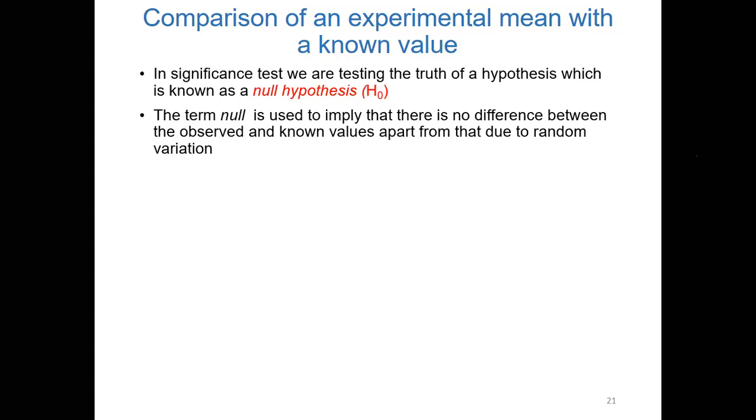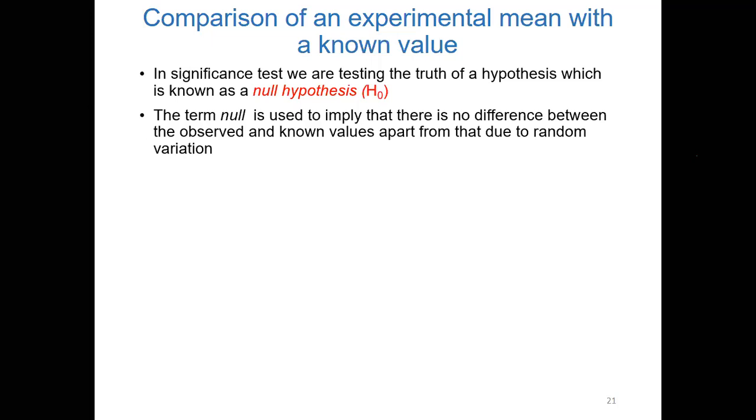What does that mean? The term null is used to imply that there is no difference between the observed and known values apart from that due to random variation. That is the most important thing.